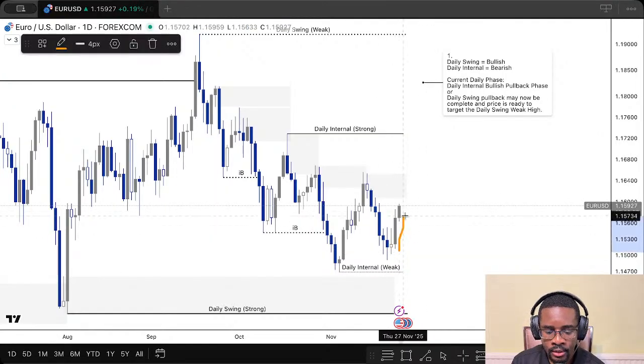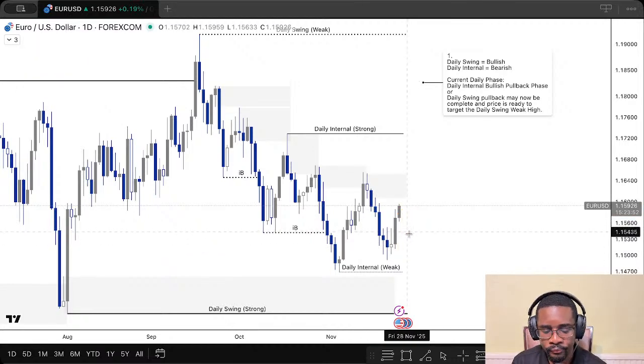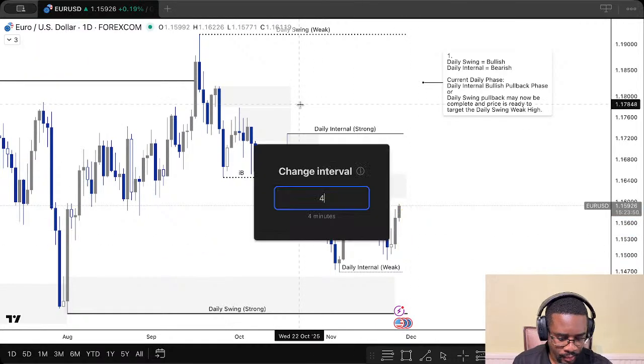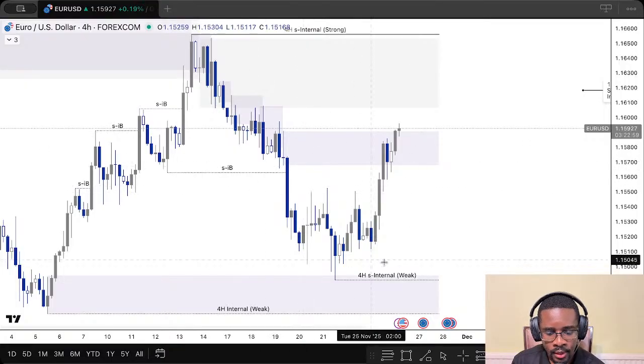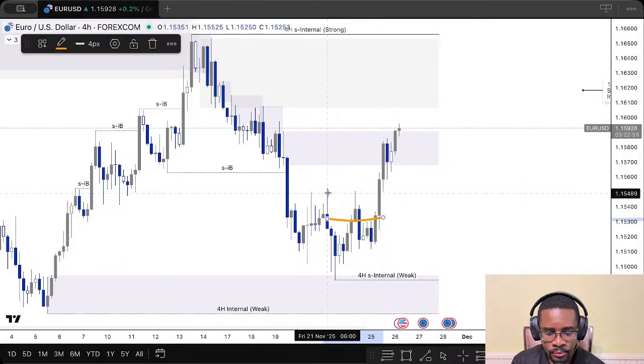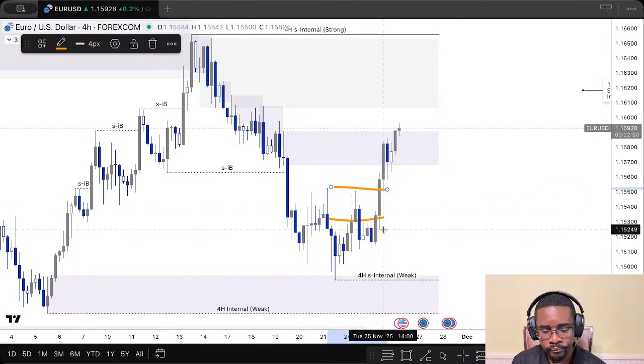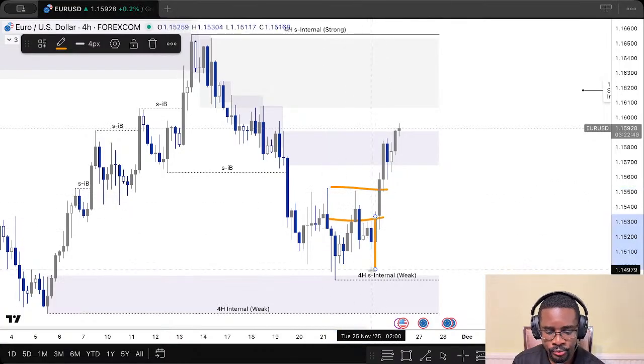So we've had these strong bullish candles thus far. Looking at the 4-hour, yesterday we were expecting price to continue to drop from this POI.